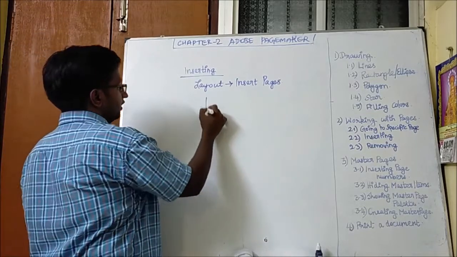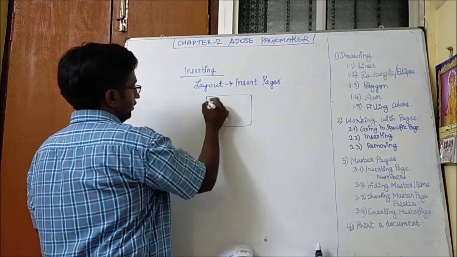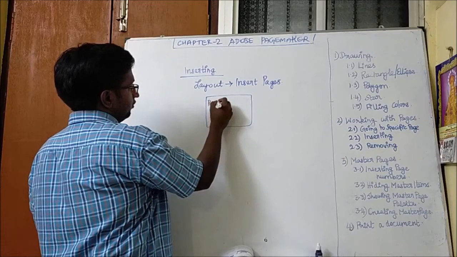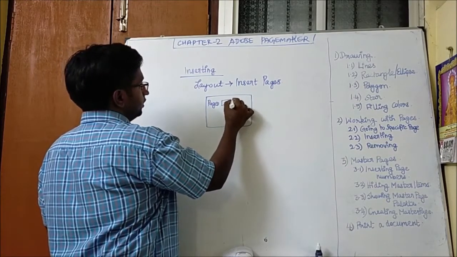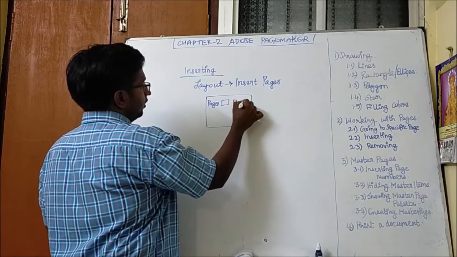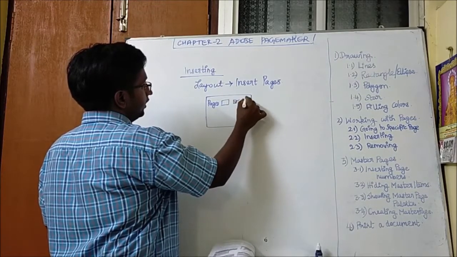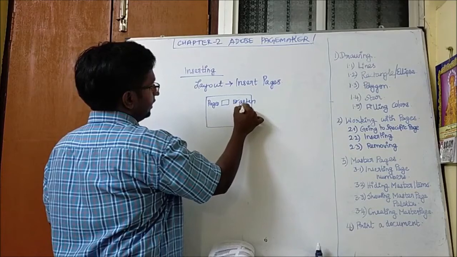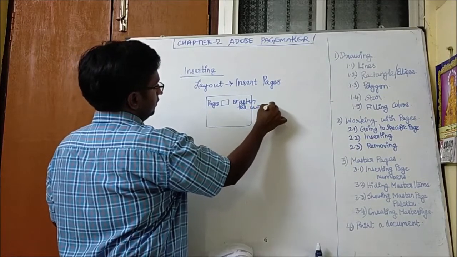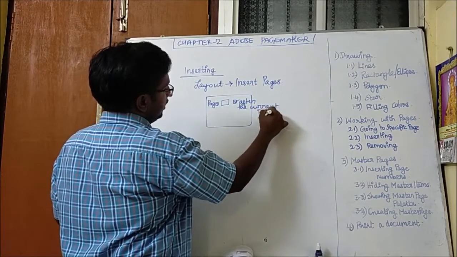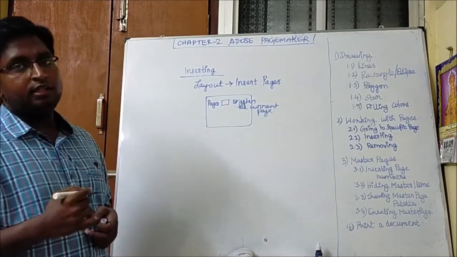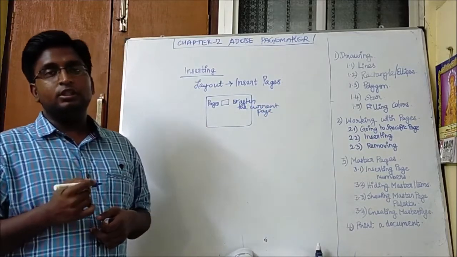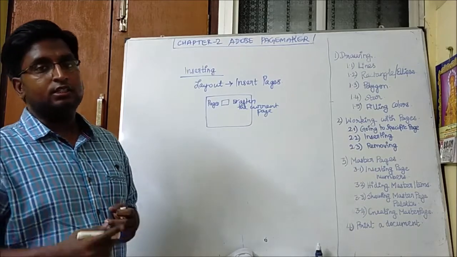The insert pages dialog box will open. So it will be asking the number of pages. It will also ask whether to add after the current page. Current page is nothing but where the insertion point is waiting. Where the insertion point is available, that page is considered as the current page.